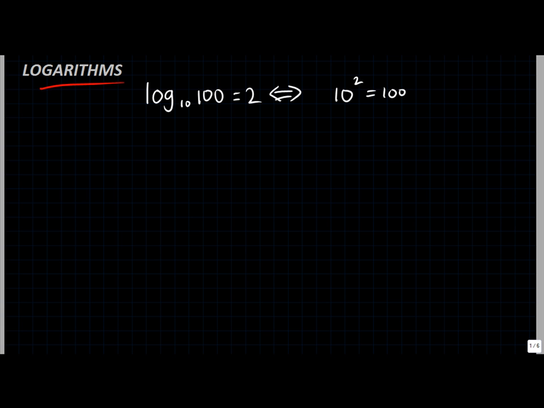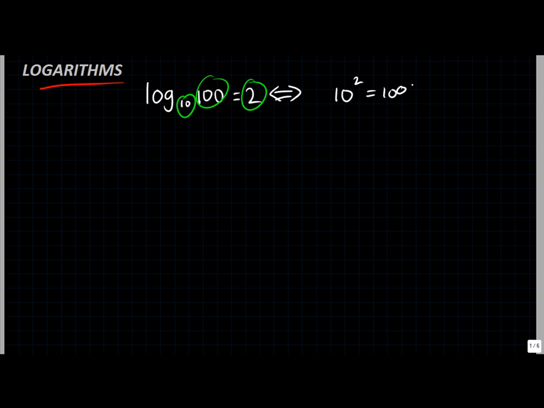It's always like this: the number called the base raised to this power is equal to this number here. So it kind of goes around in a triangle, like base, power, equals. So this number to that power is equal to this number, and 10 squared is 100. Log to base 10 of 100 is 2.